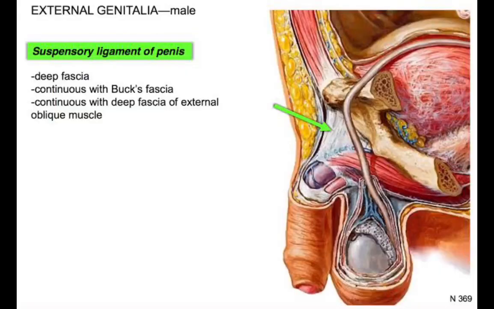And not only that, this linea alba presents two expansions. One expansion is called the suspensory ligament of penis, and number two is a triangular expansion which is attached to the pubic crest, and this is called the adminiculum linea alba.